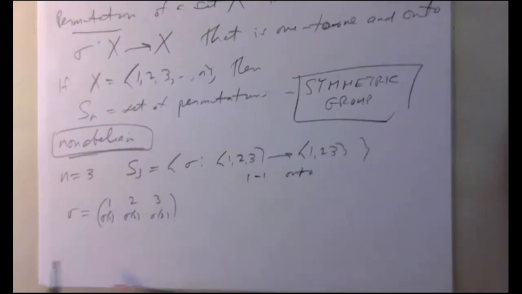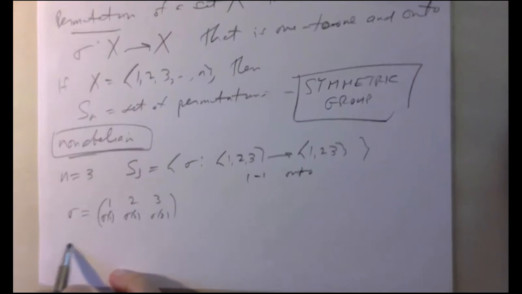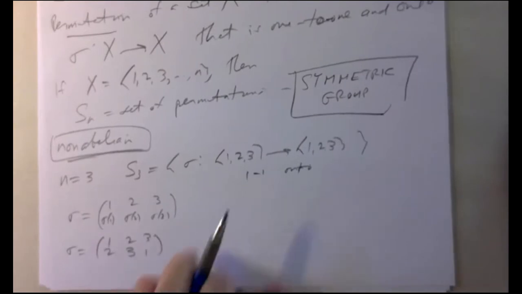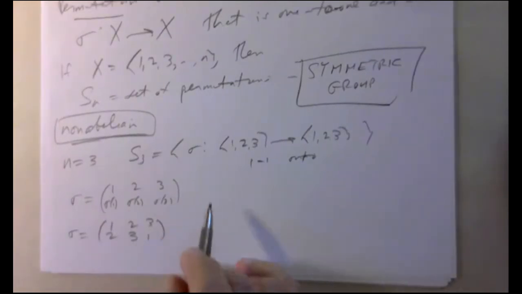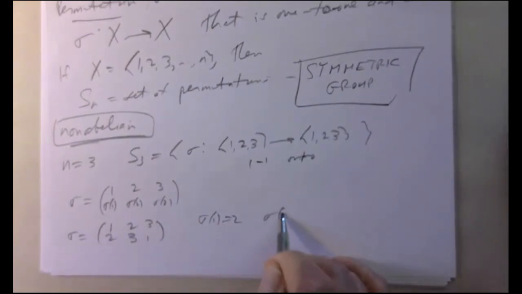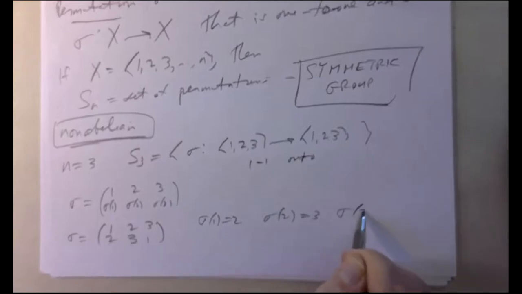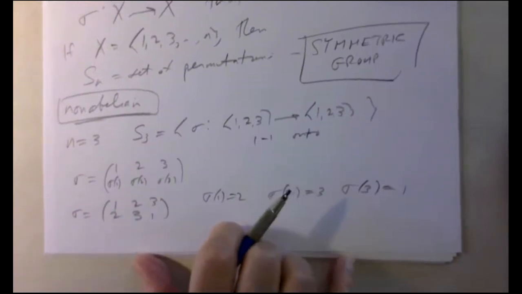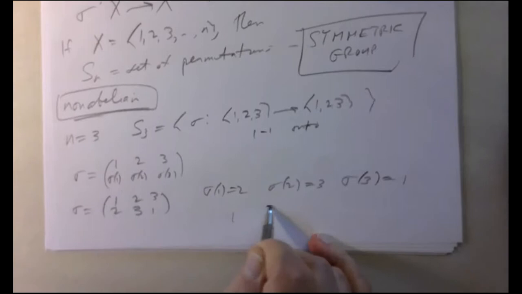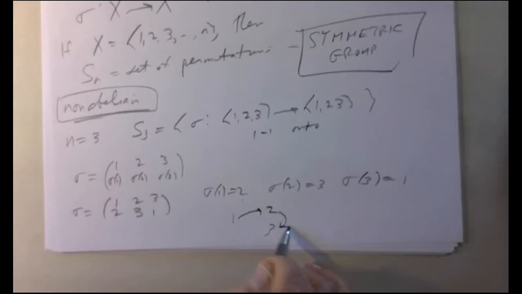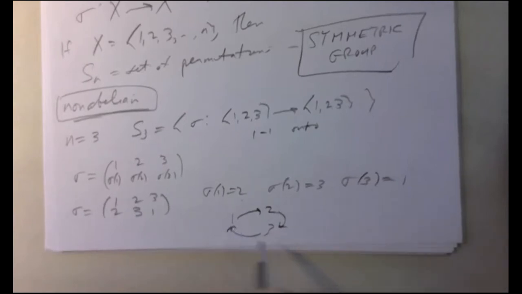So for example, if I let sigma be this permutation, this means sigma is the function which sends 1 to 2, 2 to 3, and 3 back to 1. And you can actually draw a kind of a picture of this. 1 gets sent to 2, 2 gets sent to 3, 3 gets sent back to 1. So we have a kind of a cycle.